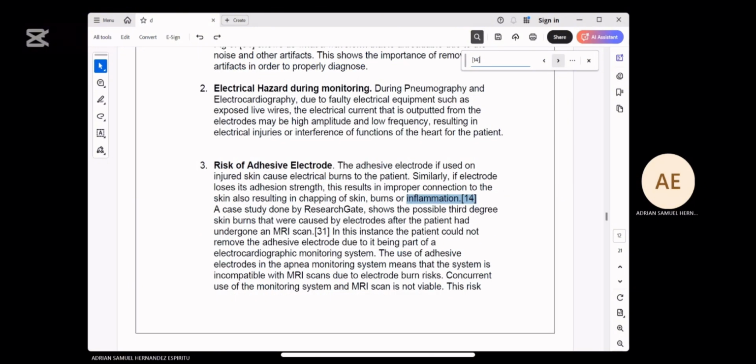For my third reference, I'll be talking about my source 14. This is a web page done by IoT Physiotherapy and Rehabilitation, and it talks about the precautions for use of self-adhesive electrodes, so electrodes that are applied onto skin.